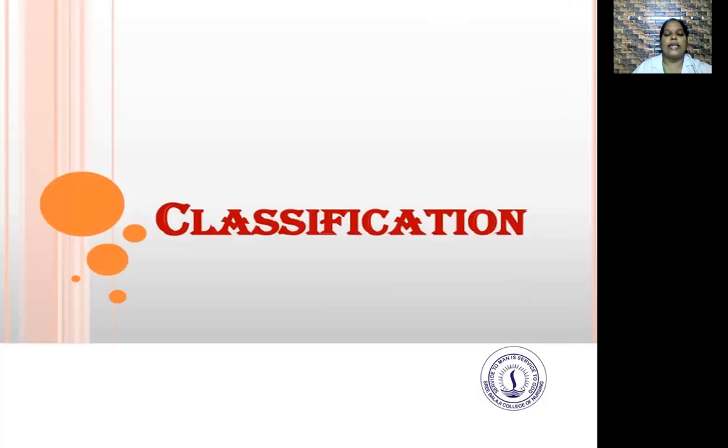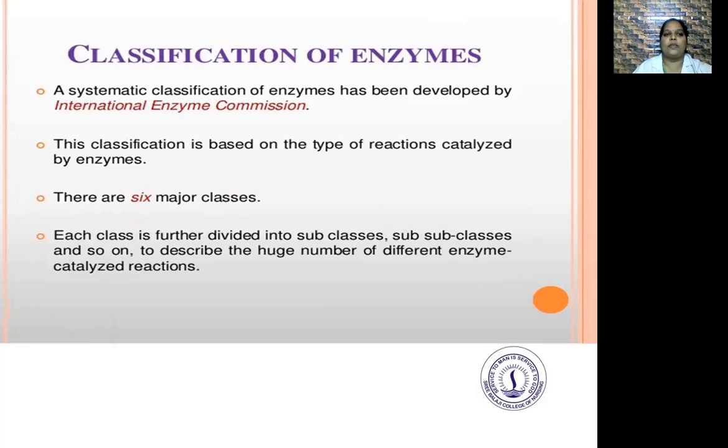So we'll see the classification of enzymes. A systematic classification of enzymes has been developed by the International Enzyme Commission. This classification is based on the type of reaction catalyzed by enzymes. There are 6 major classes.